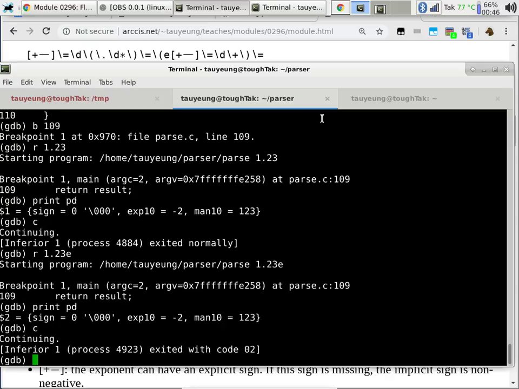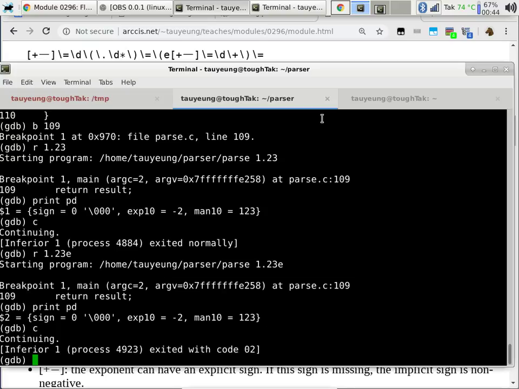If I continue any further, you can see the debugger identified the process exiting with code 02, and see how this message is different from the earlier one, which said the program exited normally. Any exit code of non-zero is considered not normal, and it's reported by GDB. If GDB says it exited normally, it basically means it has a return code of 0.